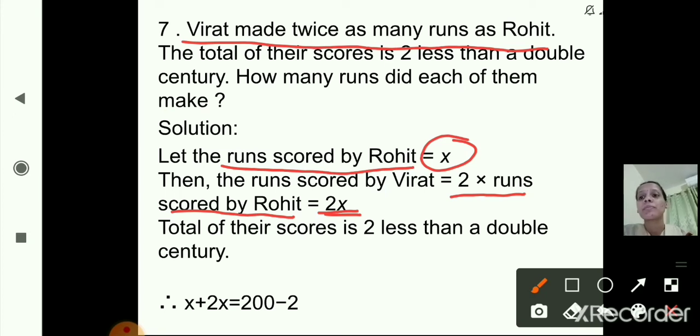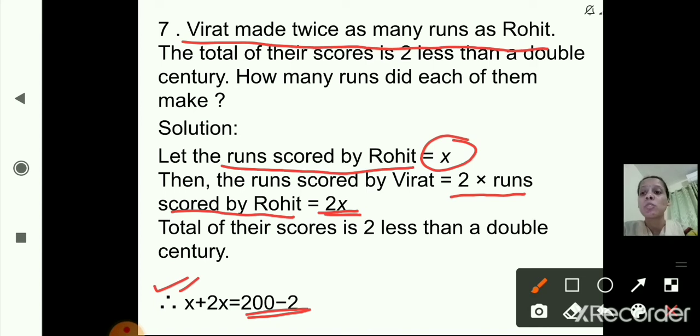So here is the equation: x plus 2x is equal to 200 minus 2. This is the total of the scores of Virat and Rohit. The runs scored by Rohit is x and the runs scored by Virat is 2x.